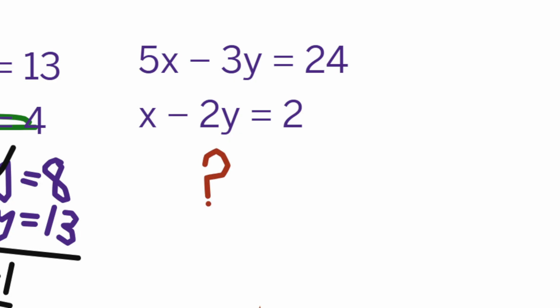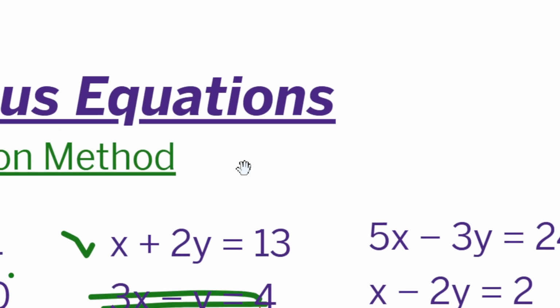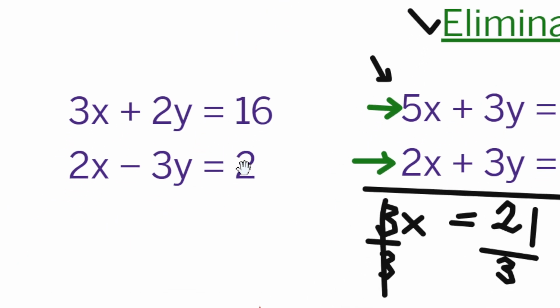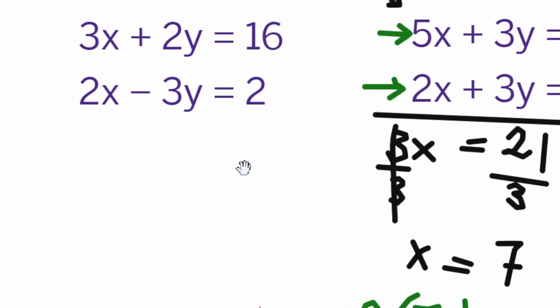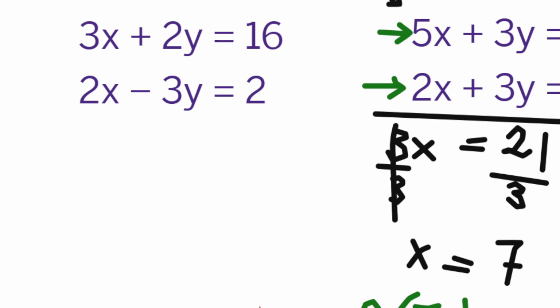I'll do the last one here. It's challenging, so I'll do it. Now this is a nice question. For this question, we can't multiply just one of them. We need to multiply both equations by something. So what I will do is I'll try to make the x's equal, or let's try to make the y's equal.